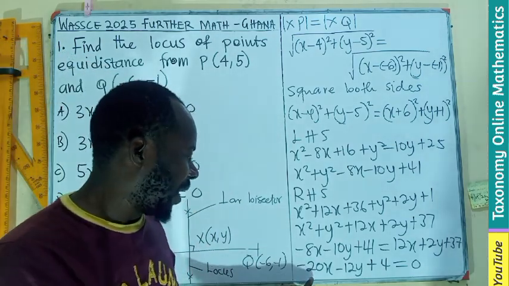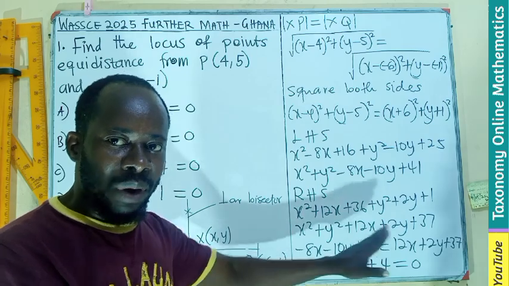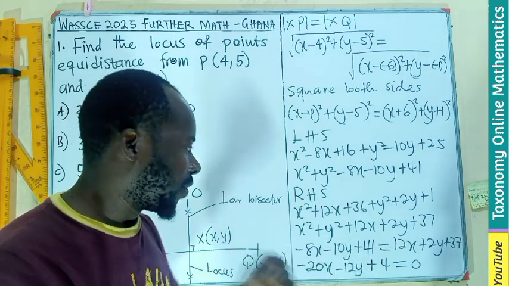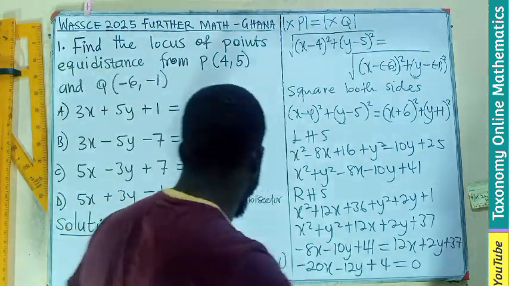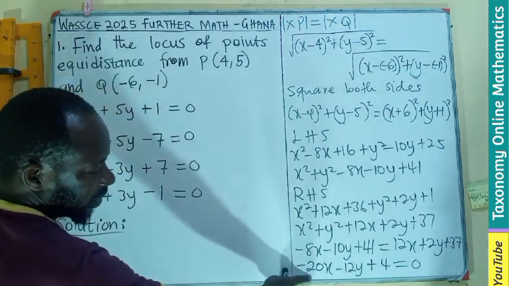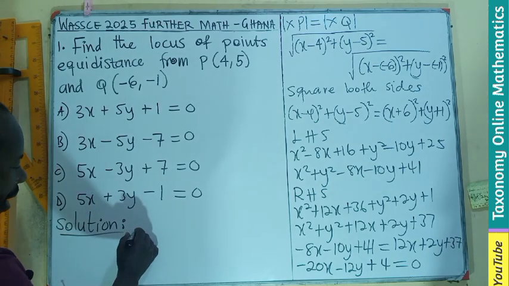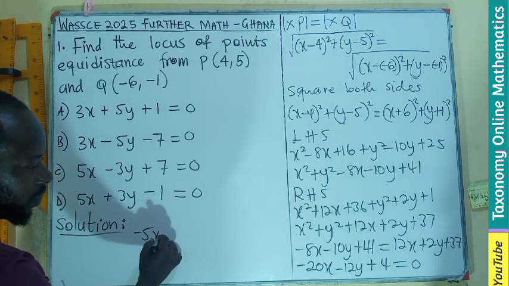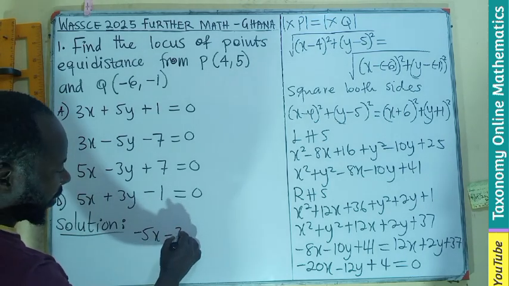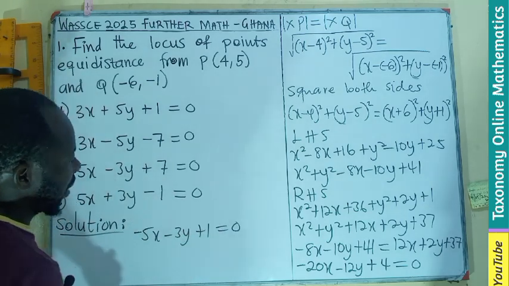Right here, you can see that if I divide through by 4, I will get a simpler term. Dividing by 4, this becomes minus 5x minus 3y plus 1 equals 0.